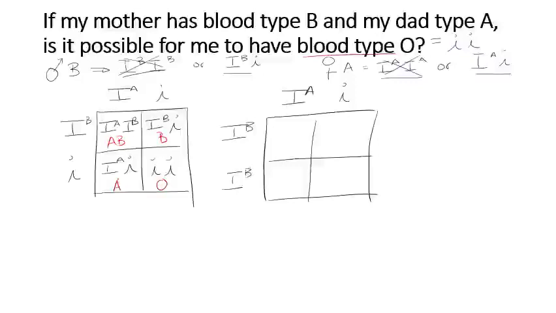This ends up being IA IB, IA IB, IB i, and this one is IB IB. So what do you notice here? When we do this type of cross, we will definitely see that we have a genotypic ratio of 1:1, blood type AB to blood type B.